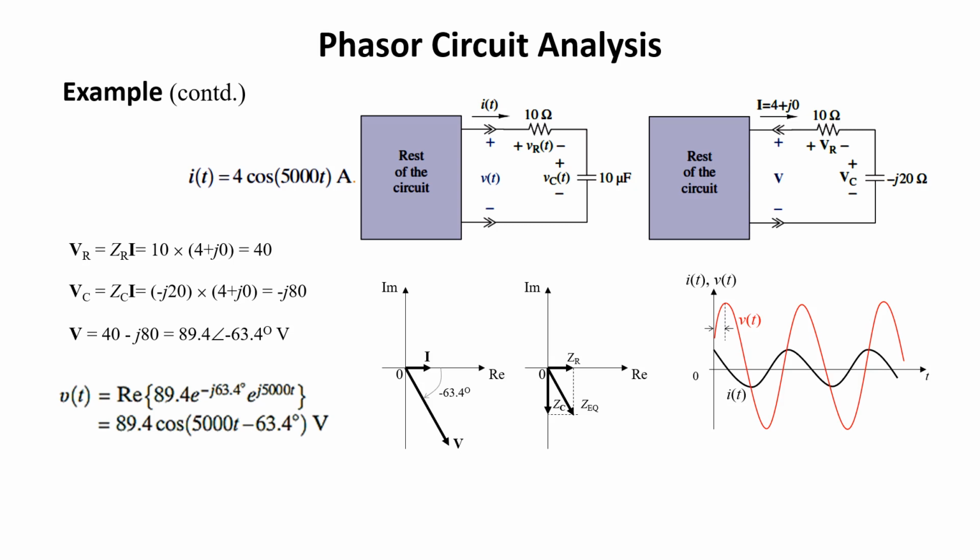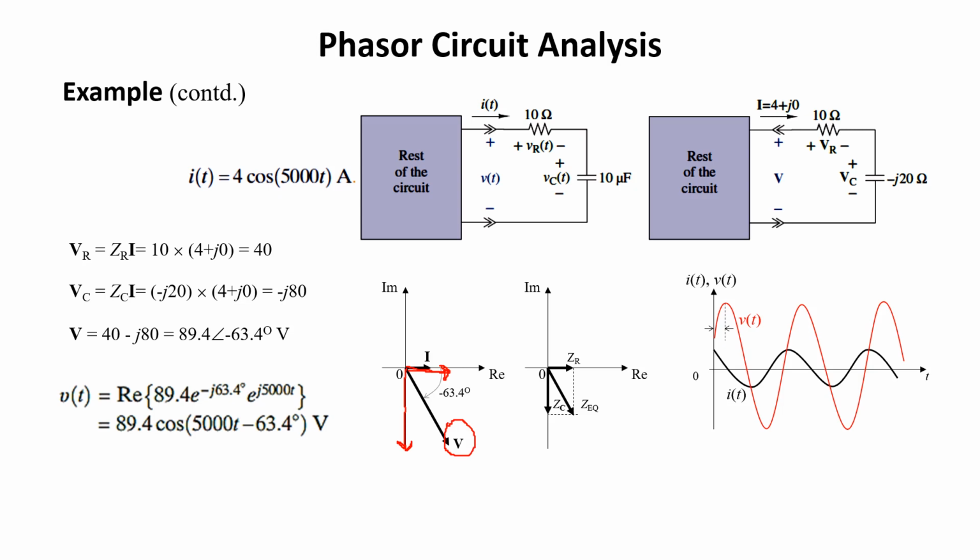It will be like this, minus j80. And V_R is 40 with angle 0. So I_R and V_R are the same. So this is V_R. So V_R plus V_C: if we add these two, we have the sum of V_R and V_C in phasor form.